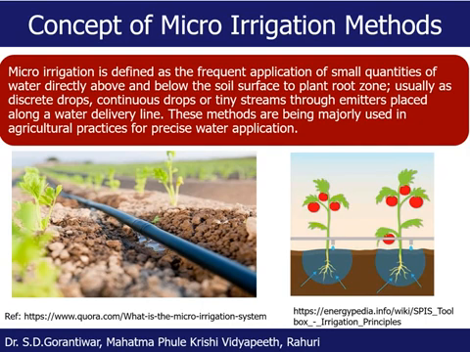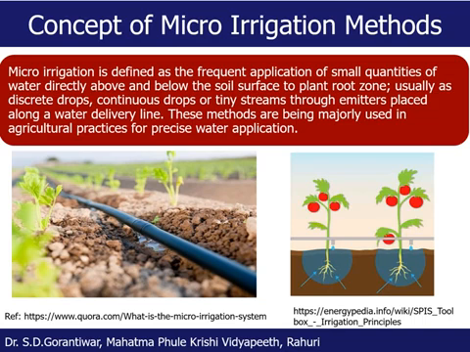The first thing is that we apply water frequently, and as we apply water frequently, we have to apply water in small quantity. So we can apply water directly above the land surface or below the soil surface, and whenever we apply water above or below the soil surface, the water has to reach the root zone of the crop. So water is applied in the form of droplets. Those can be discrete, continuous, or tiny streams as well.